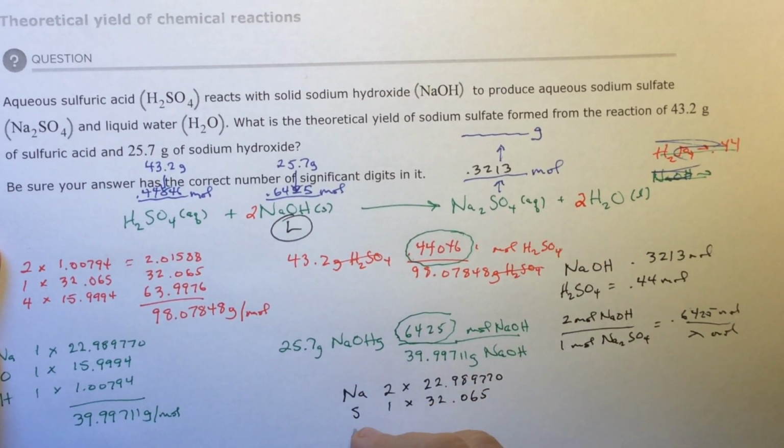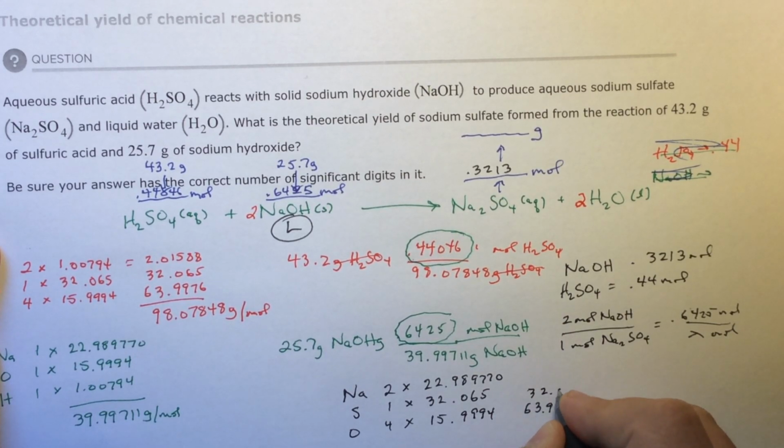I've got 4 oxygens. Okay, that's 63.9976. This is 32.065.